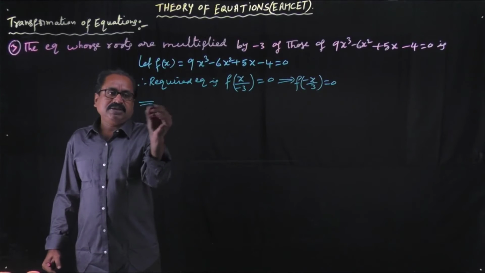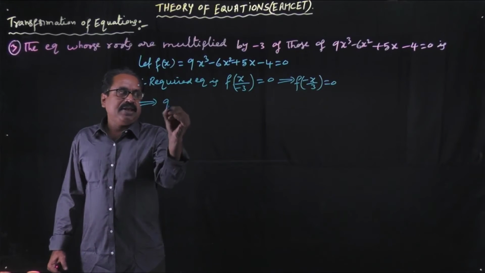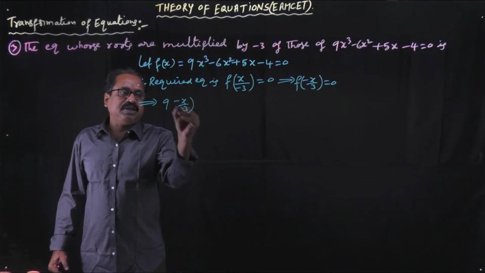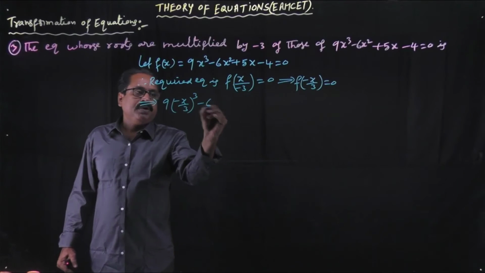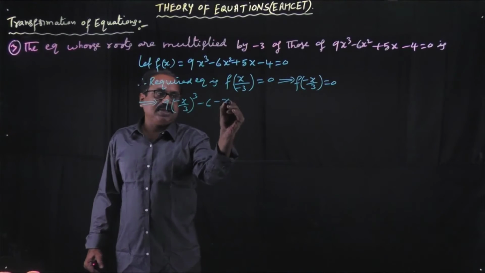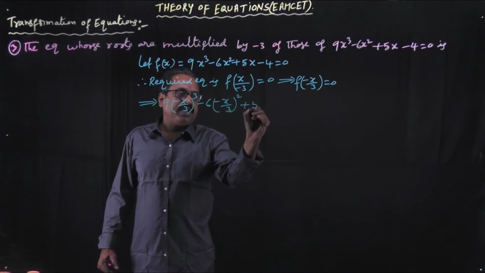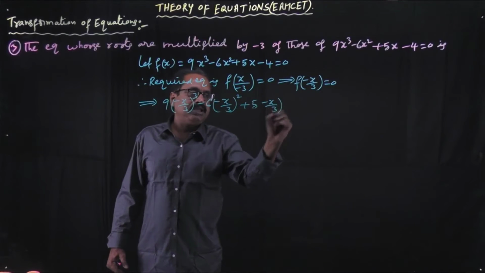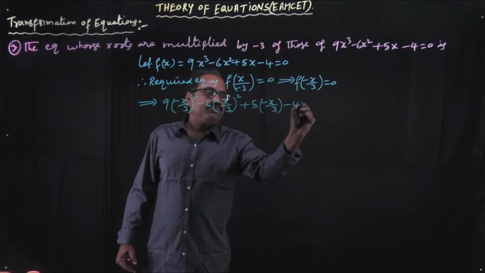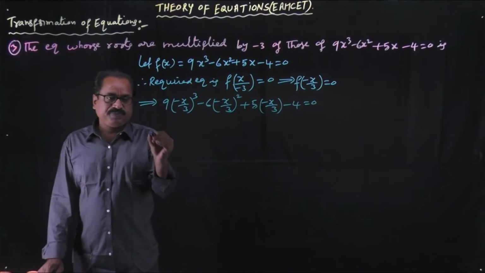So this implies 9 into (minus x by 3) whole cube minus 6 into (minus x by 3) whole square plus 5 into minus x by 3 minus 4 is equal to 0.